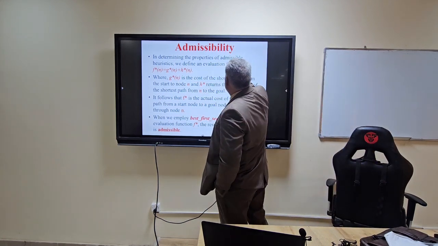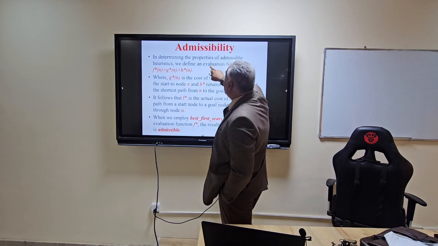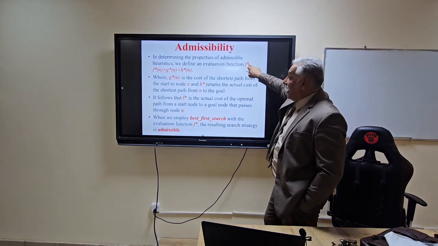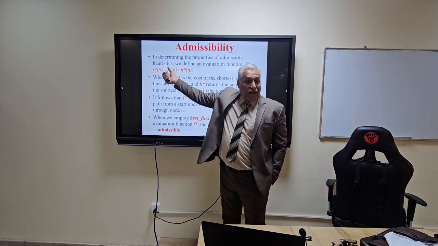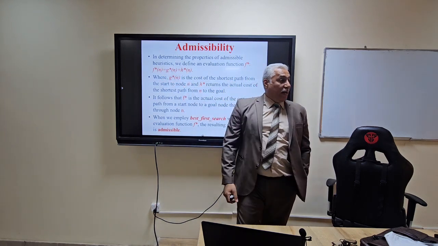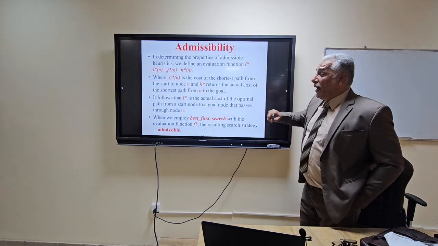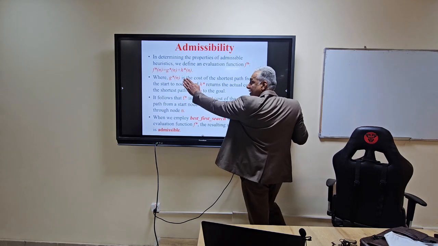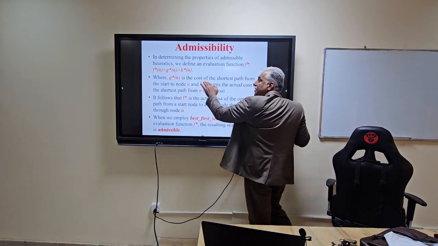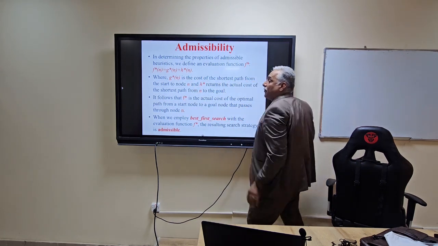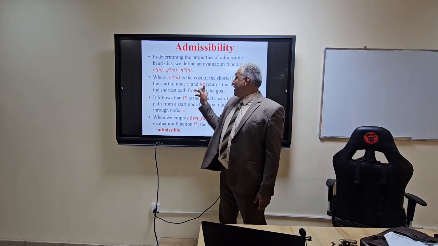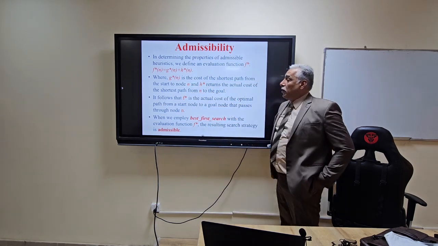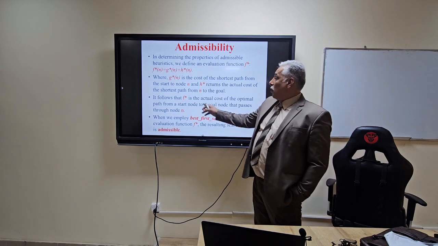We define an evaluation function f*(n) = g*(n) + h*(n), where g*(n) is the cost of the shortest path from the start node to n, and h*(n) returns the actual cost of the shortest path from n to the goal.